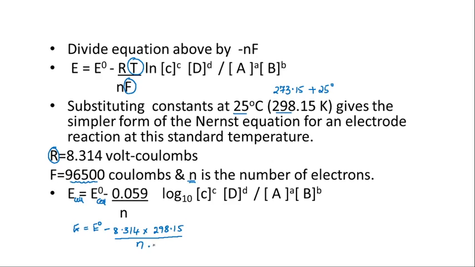We write n as it is. Faraday is 96,500. And if you want to convert ln to log to the base 10, you have to multiply by 2.303.